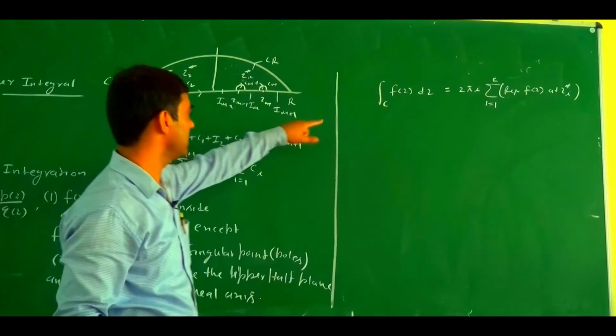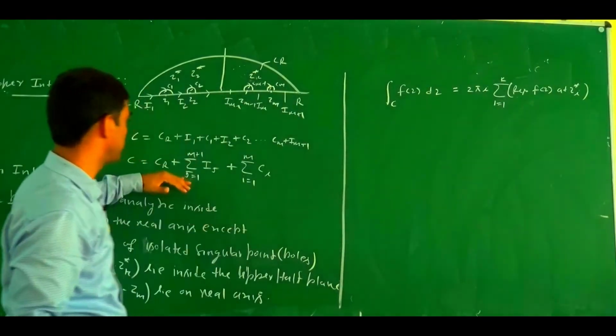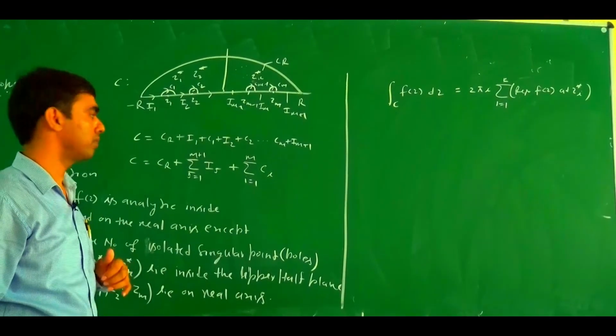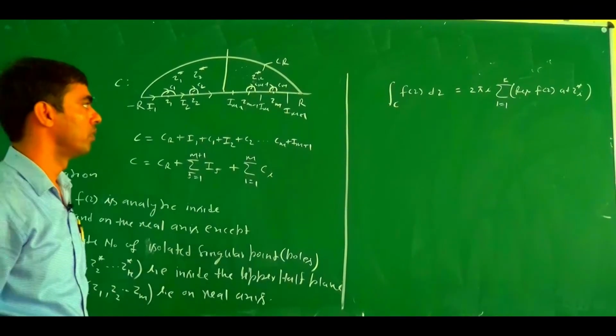Now we divide C into m plus 1 and m, that is 2m plus 2 parts.